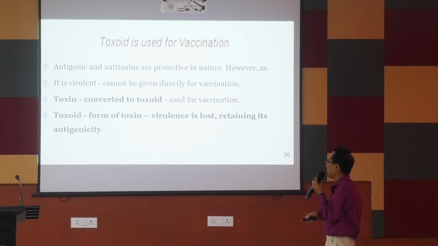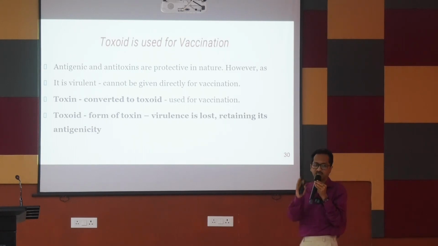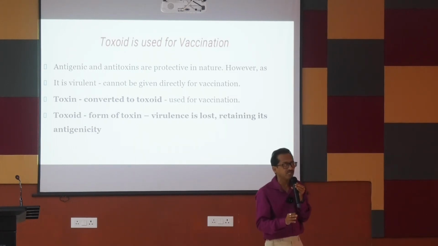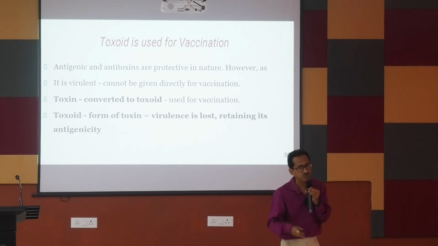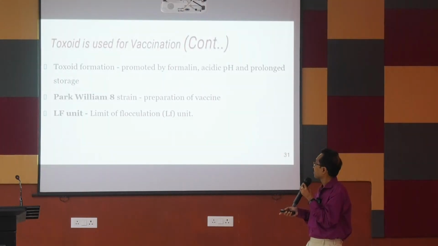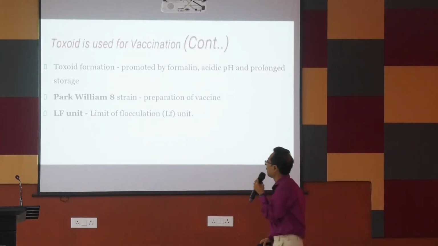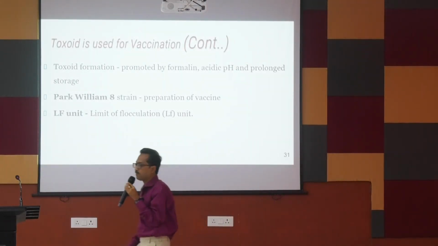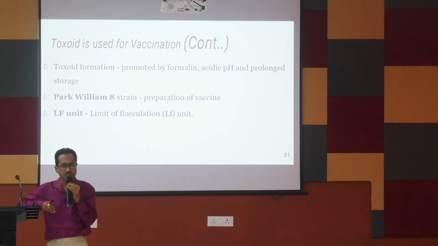Now how will you convert the toxin into toxoid? The toxoid form of the toxin is where virulence is lost but immunogenicity or antigenicity is retained, so that it can be used as a vaccine. So how can you convert the toxin into toxoid?